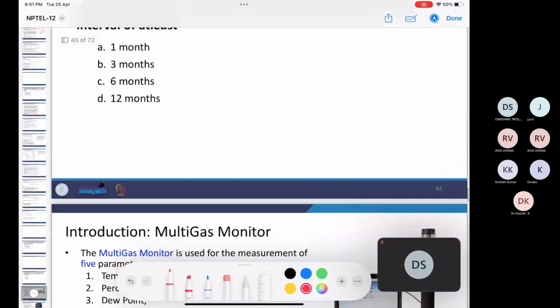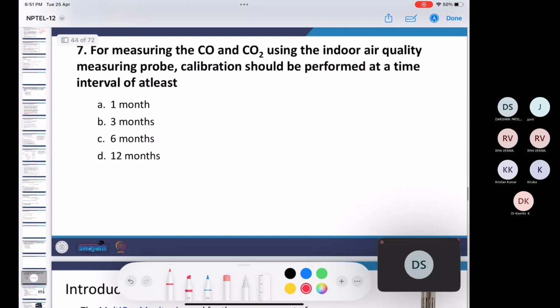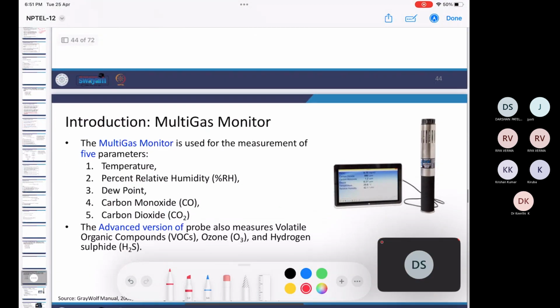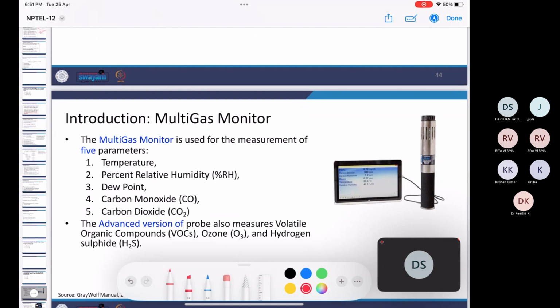First, let us understand this air sampling in the indoor environments. First is the multi-gas monitor. This multi-gas monitor is used for the measurement of 5 parameters, and it is used for sampling of indoor air quality.